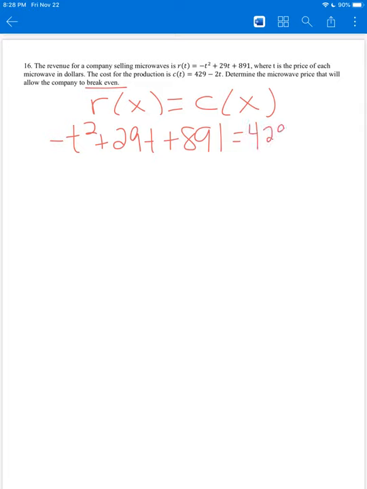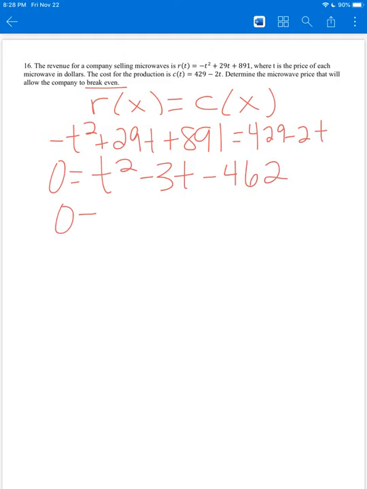Equals 429 minus 2t. This equation becomes, if I add everything to the right, that way my t squared is positive. That gives me -31t, and then this would turn into -462. Master product, I would get t minus 42 times t plus 11 when I'm done.